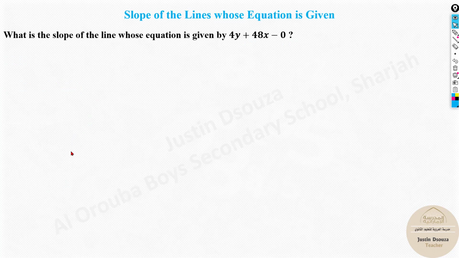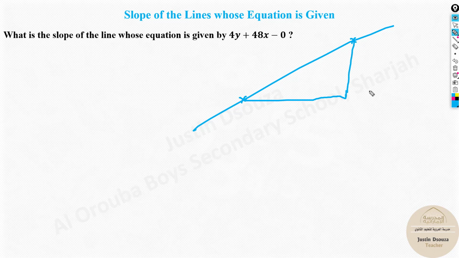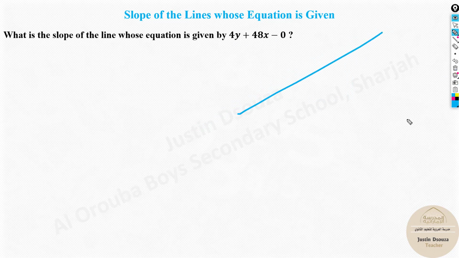Now let's look into another type where they have given you an equation. There are no 2 points. This is an equation of the line. If there are 2 points, we know the coordinates and then we use the rise over run formula, that is dy by dx, y2 minus y1 divided by x2 minus x1. But now we have an equation of the line. We just know how the line is.